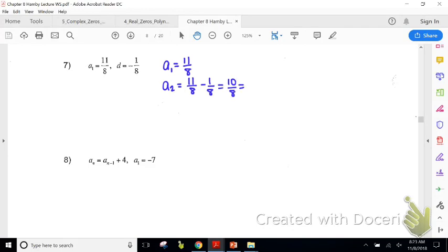And you need to make sure you reduce it. Now, when I go to do the next one, guys, I'm not going to use the reduced one because I have that common denominator. So I'm going to take that 10/8 and subtract the 1/8.